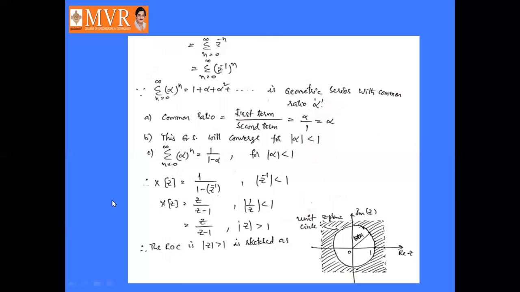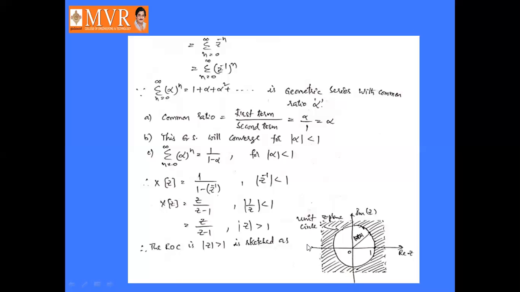But here the ROC is mod z greater than 1, so we have to sketch the ROC beyond this unity circle. Up to here its radius is 1, so beyond this we have the ROC, the region of convergence. This is the z plane, and beyond this unity circle we have the ROC. So this is the sketch of the ROC.